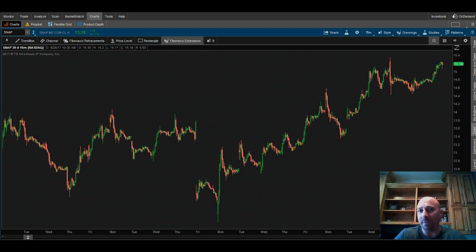The 127, 161.8, and also the 200%. When I say 100, 200, same thing, okay? Those are the moves that I like to trade for the pullbacks, okay?